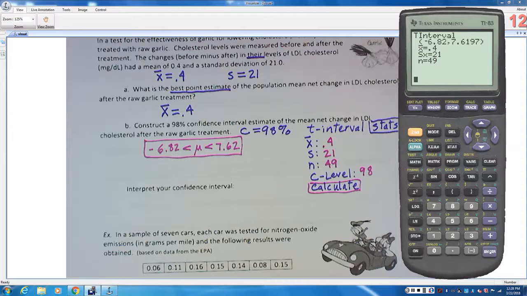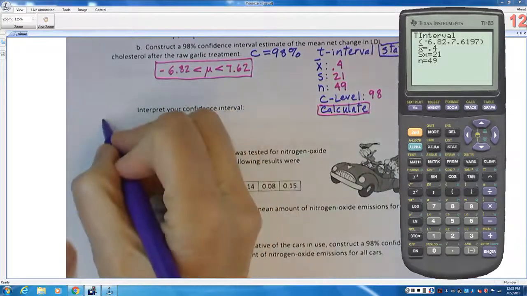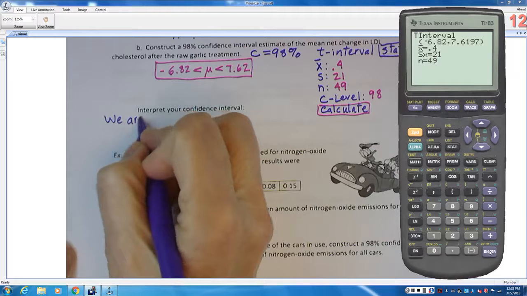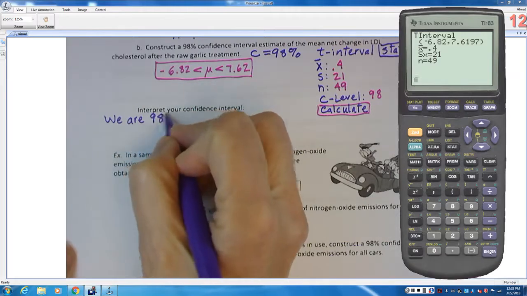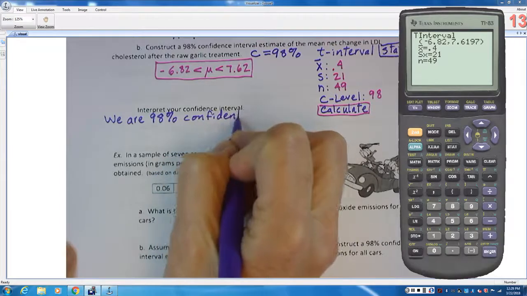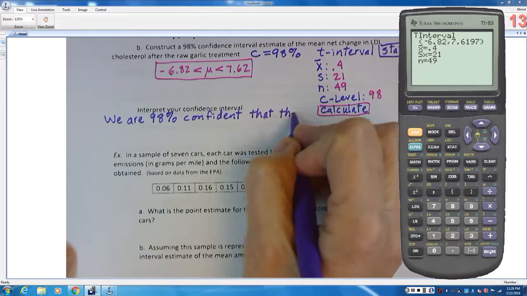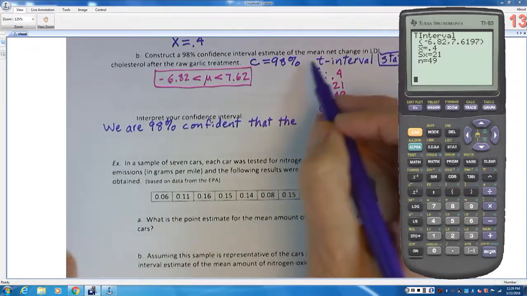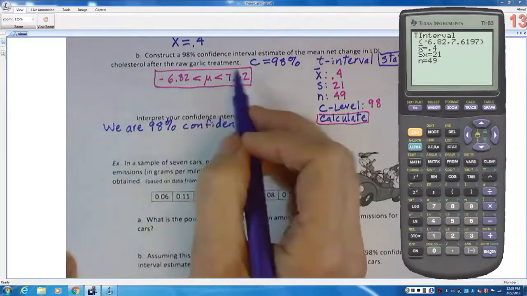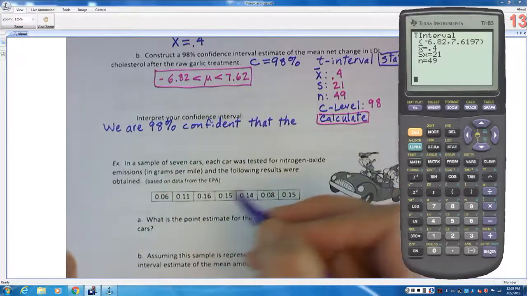Okay, and then we're going to interpret our interval. That was a statement where we said we are, and then the percent confident, 98% confident. Then we look back at the problem: mean net change in LDL cholesterol after raw garlic treatment. You can shorten that, but you have to say it in terms of the problem.